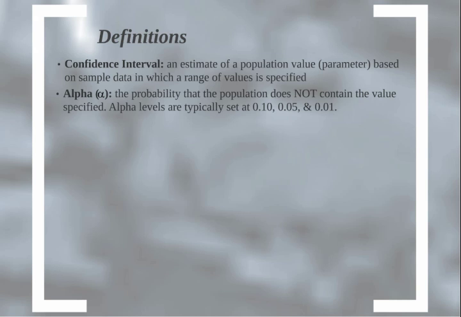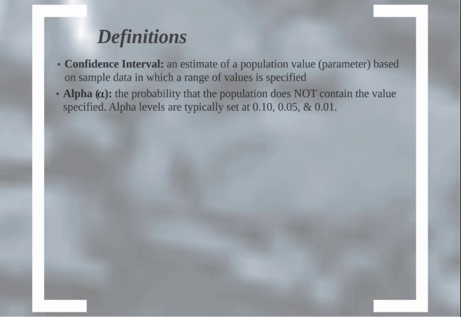Alpha is the probability that a population does not contain the value specified. Alpha levels are typically set at 0.1, 0.05, and 0.01. These are related to the percentages, right?